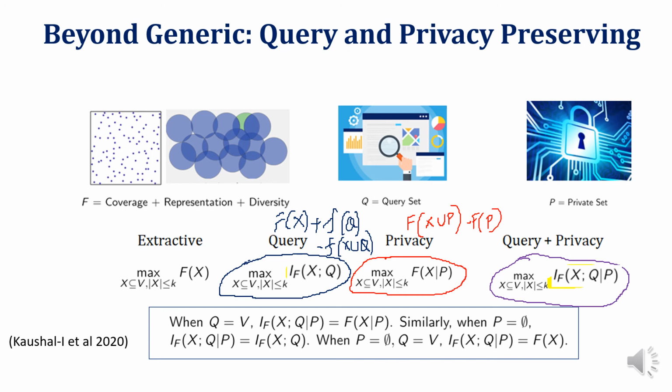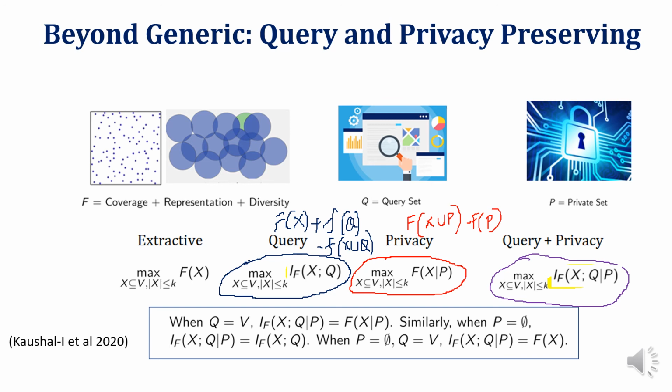Now, how about optimizing? What are the properties of these different functions? So all these functions are non-negative and monotone in one argument with the other fixed. However, even if the function f is submodular, the query based mutual information function and the query plus privacy based conditional submodular mutual information function are not necessarily submodular in one argument, even with the others fixed.